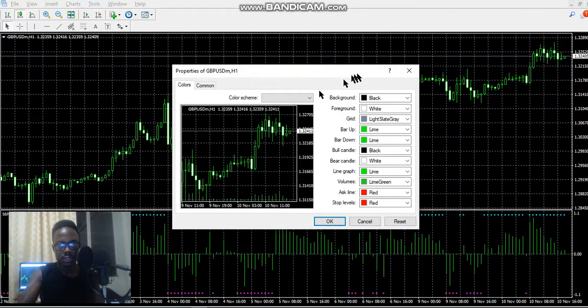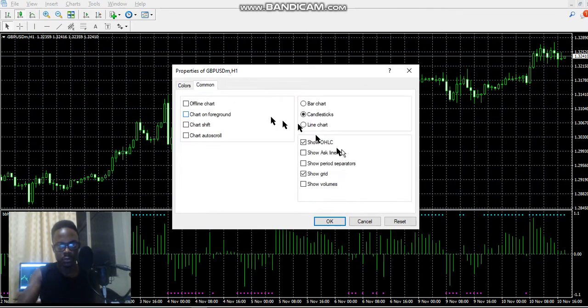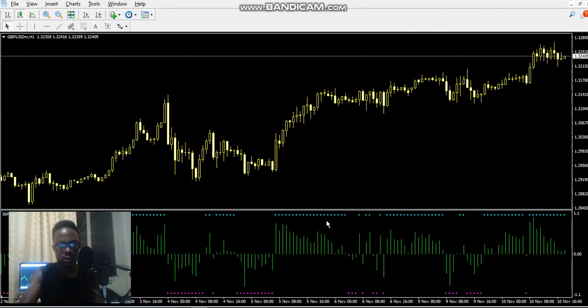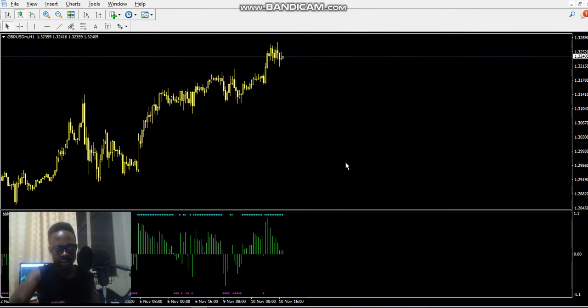I don't like the grid as much. Let me take yellow and black, and then show the line, which is the spread. Remove grid. Okay, now does it look clean, chat, good people?